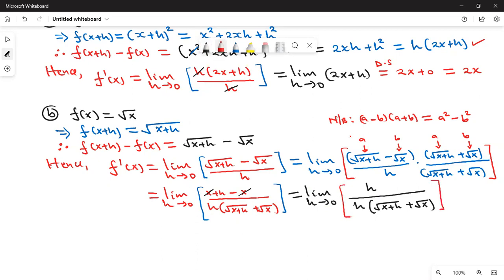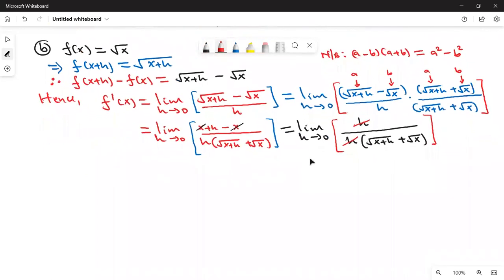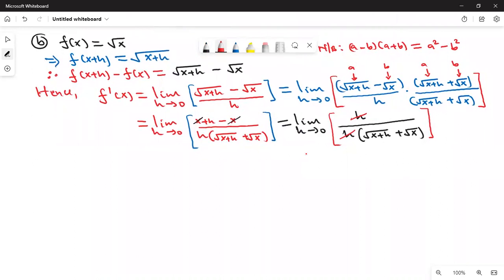Yes, because this and this will cancel. So having simplified that, what do we remain with? That will now give us the limit as h approaches 0 of 1 over the square root of x plus h plus another root x. So we have simplified that, and now let's see.